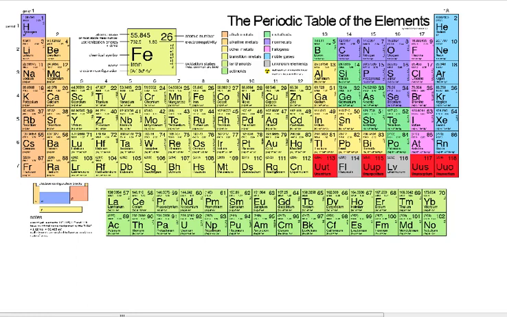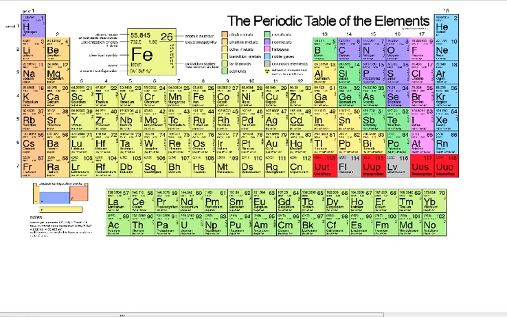A periodic table is pretty much like a GPS. If you want to go from one place to another, a GPS would help you find your destination. A periodic table is just like that. It tells you which element belongs where and what kind of character it has.